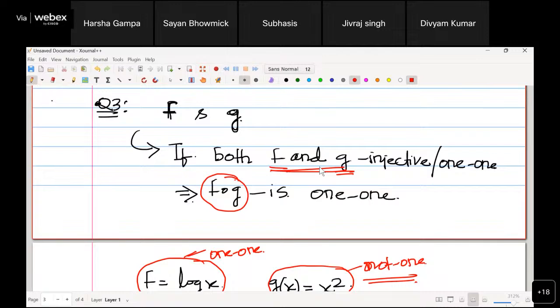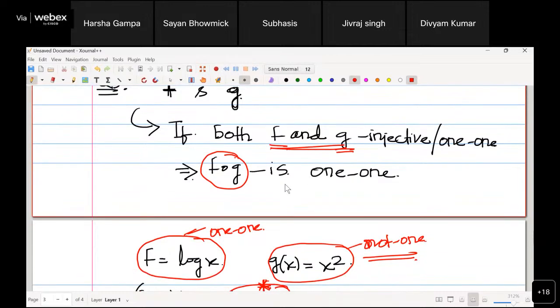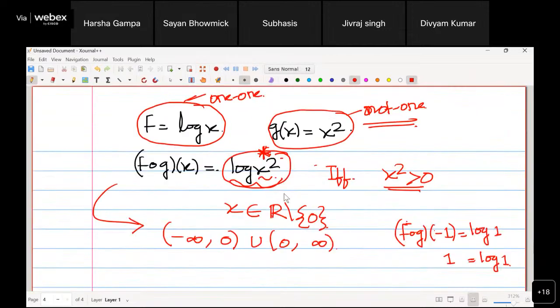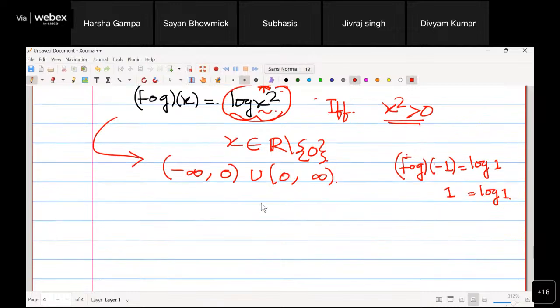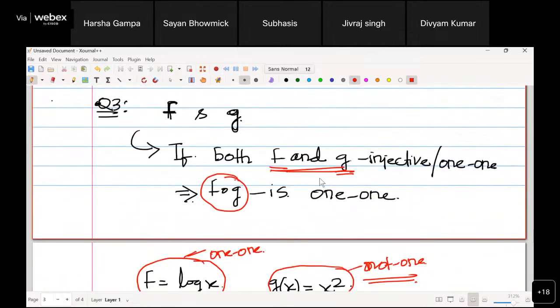If f and g both are injective, 1 1, then how can we say that f of g will always be 1 1?